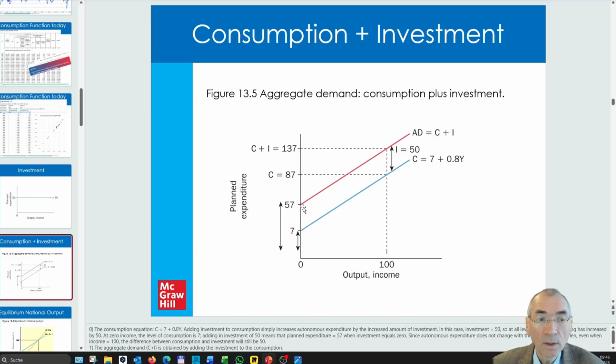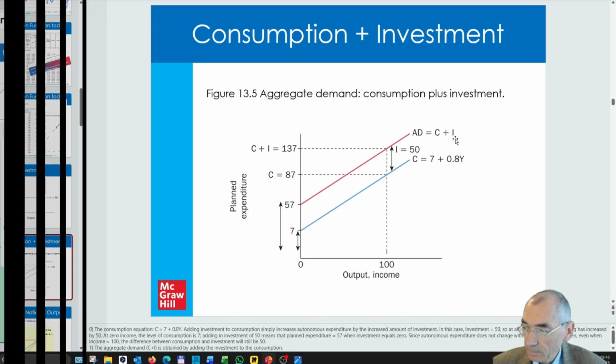And from here, our planned expenditure function, which is in fact aggregate demand, consumption plus investment, goes up in a parallel way as it has the same slope. So that's how our first aggregate demand function that we develop from this idea of planned expenditure looks like.